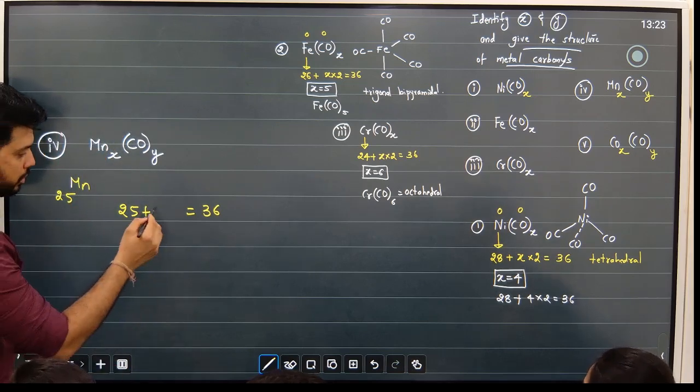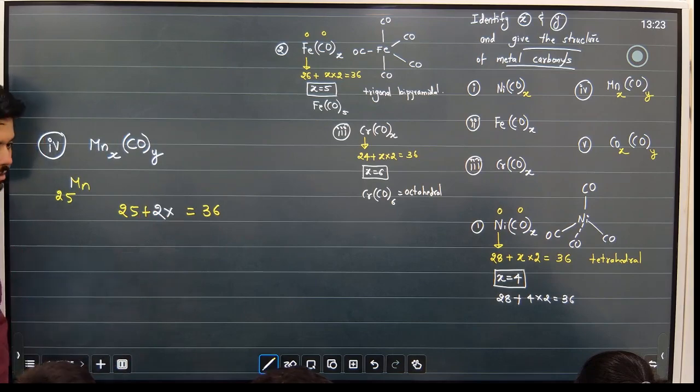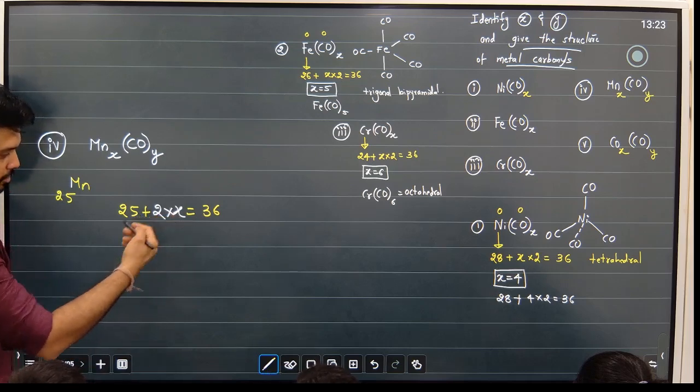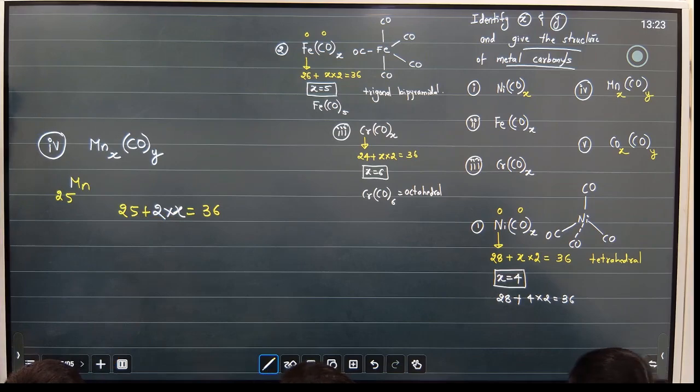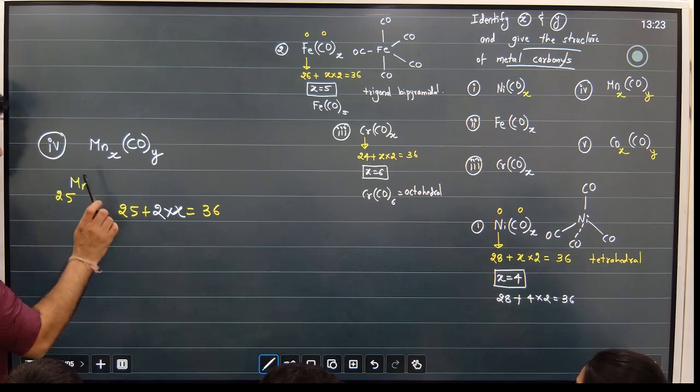And with all monodentates, I can never reach 36. Which number will you fit over here for X for this to reach 36? You cannot put a fractional value, you cannot put X is 5.5. It has to reach 36. So what do we do here? Pay attention.